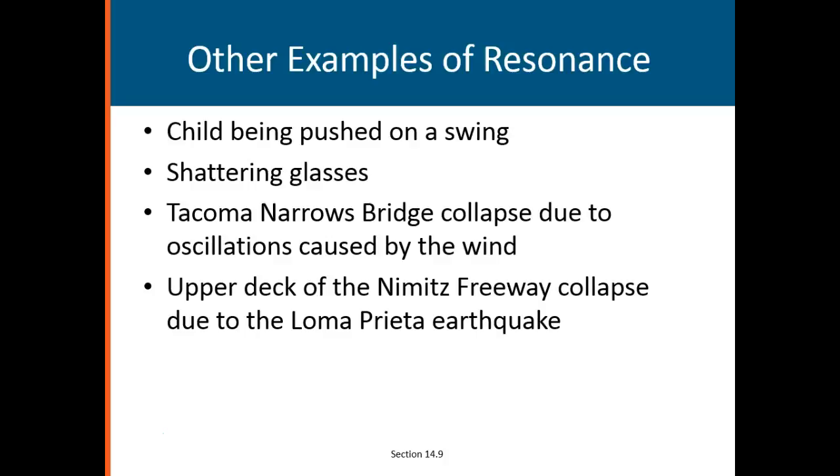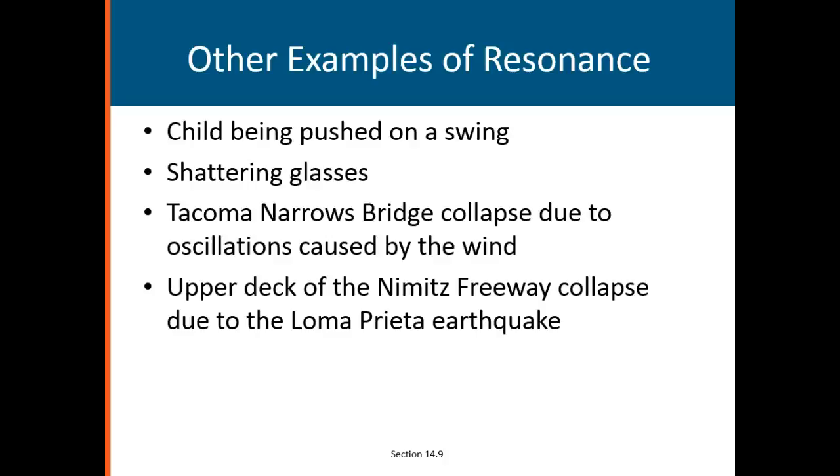If you push too soon, it actually slows it down and messes it up, and the kid gets mad at you. If you wait too long and push, you're not going to have the same effect. But if you push at the natural resonance of that swing, then the kid gets to go higher and higher and either scream, stop, stop, if he's a bit like me, or higher, higher if they're really risk takers. That's an example of that.